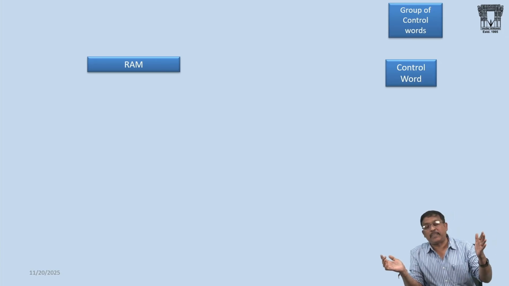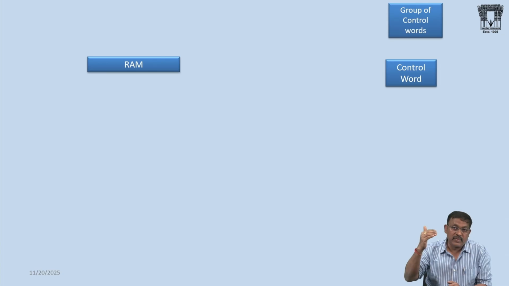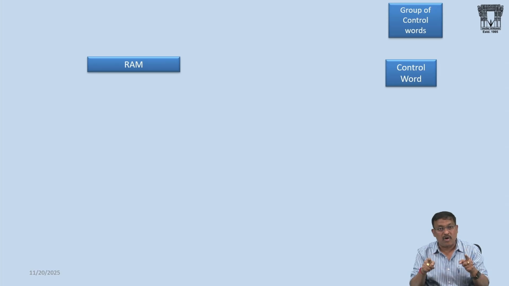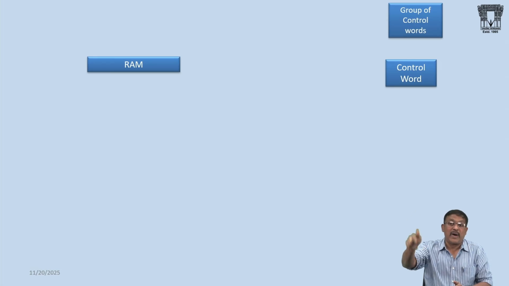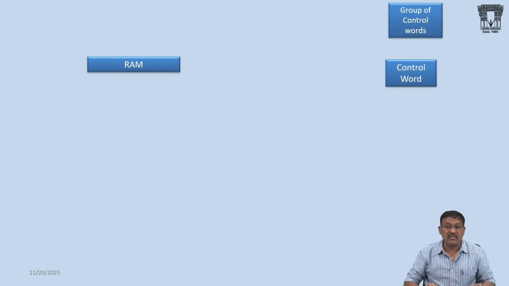Each bit is representing one variable. This group of control variables is called a control word that is stored in the ROM locations. The relationship between RAM and ROM is: RAM is used to accommodate the machine instructions. ROM is used to accommodate micro instructions required to execute the machine instruction. Got my point? That is the relationship between the RAM and ROM locations.